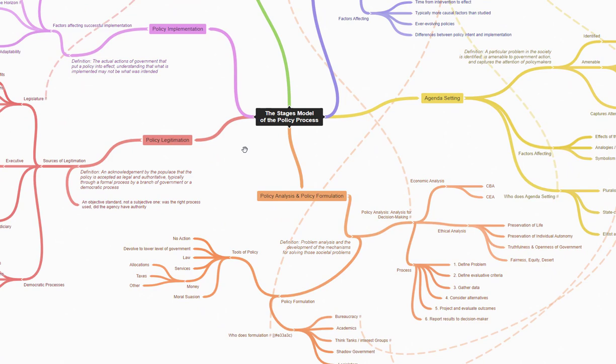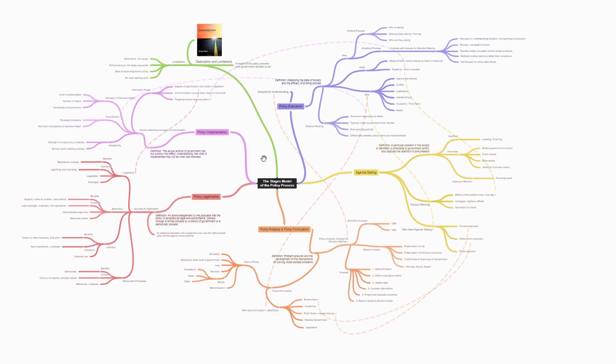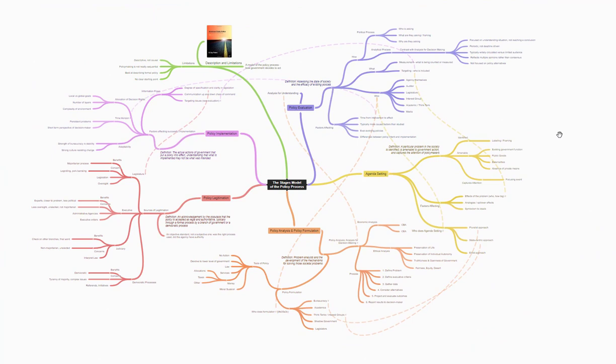So let's zoom out a little bit. Here is our stages model. Policy evaluation, understanding the state of society and how effective current programs are. Agenda setting, does that problem capture the attention of a policymaker, and is it the kind of thing government ought to do?